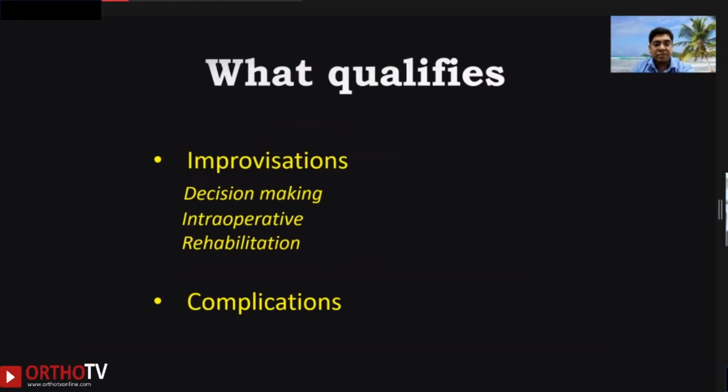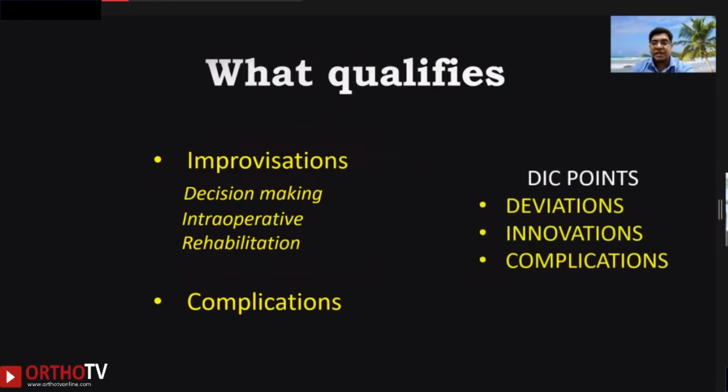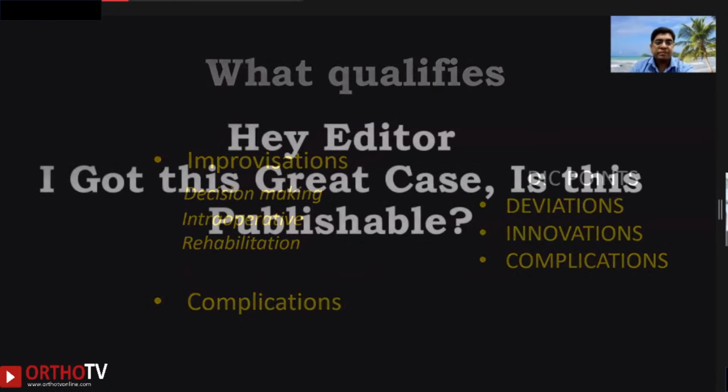Rehabilitation, where there is something different that you have done. Complications specifically. These also qualify for us as orthopedic surgeons. I put it as DIC: deviations, innovations, and complications. These are all case reports that you can publish, and if any of your cases have this, it can be easily published.